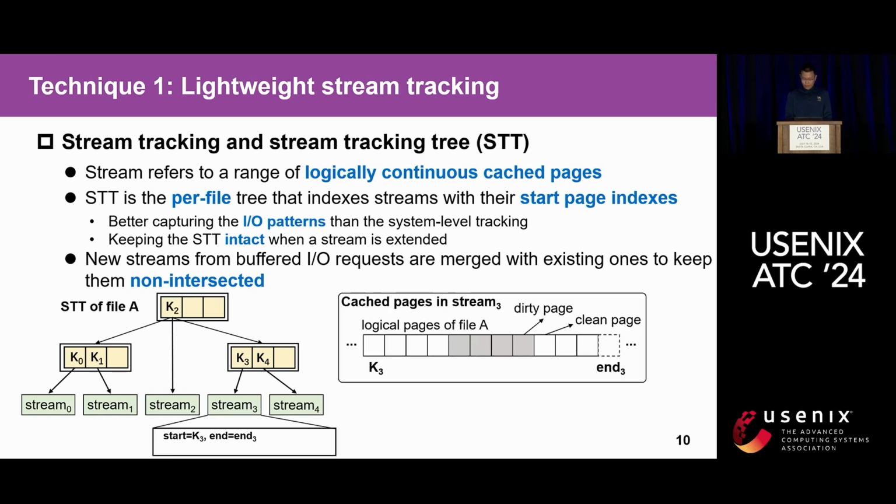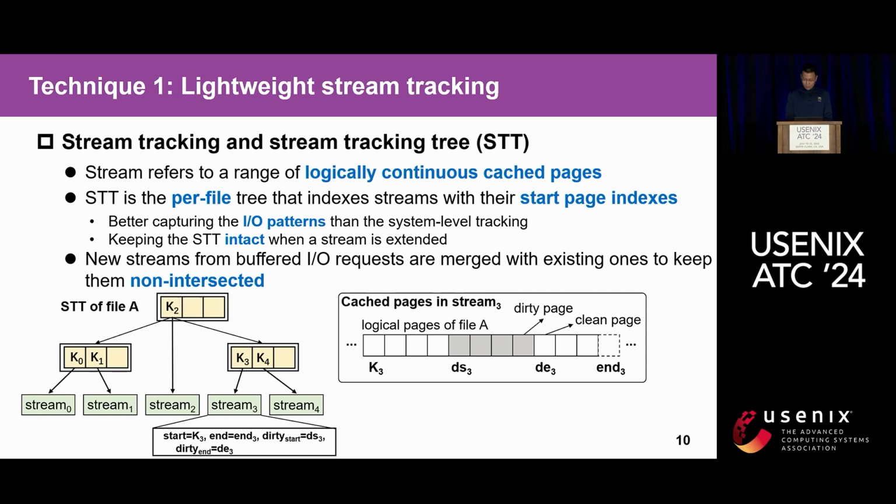Each stream is represented by a stream descriptor. For example, in file A, assuming that the pages whose indexes are from K3 to N3-1 are cached in the memory, the stream descriptor will record a semi-closure interval [K3, N3) for the cached pages.